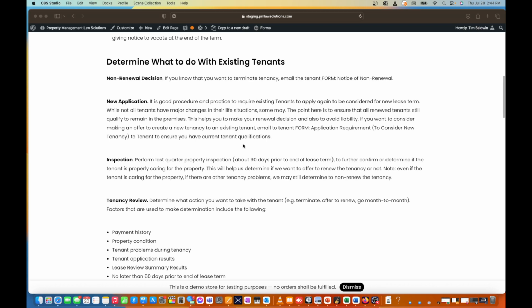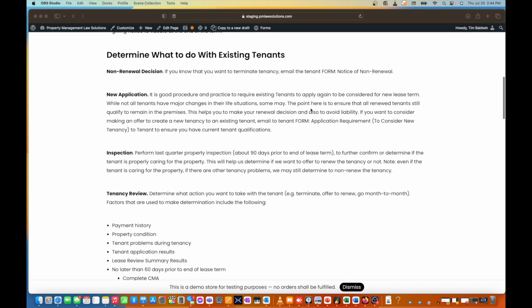You'll see this in the lease simple process in more detail, but effectively what we need to know from the tenant is, do you want to renew or not? And we send a notice to the tenant where it asks, do you want to stay or are you planning on leaving? If the tenant says we want to stay, then we know that we need to do some steps to make sure we want to renew the tenancy.